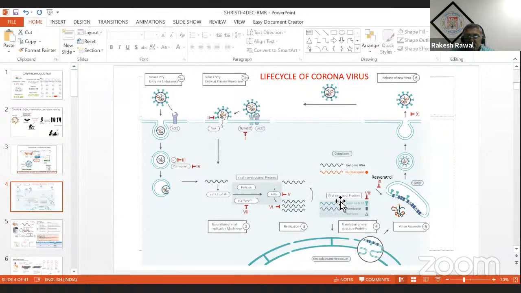Along with that, viral structural proteins coded by different genes are also made, and these are packaged in our Golgi. All these thousands or millions of viral particles are then released, either when the cell bursts or when they are thrown out through exocytosis. So these are all packaged viruses, an exact copy of the virus which entered into the cell.